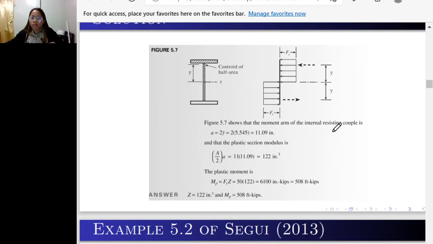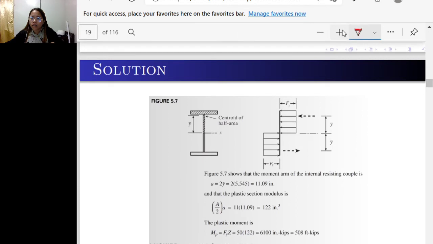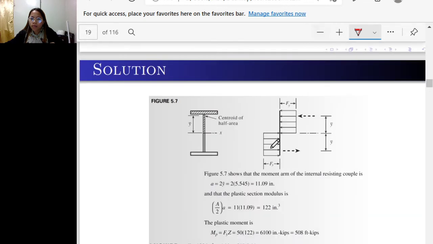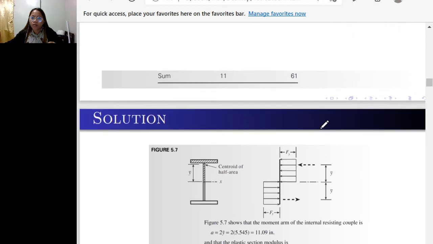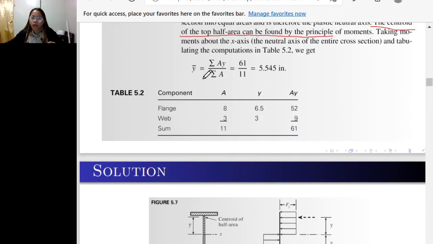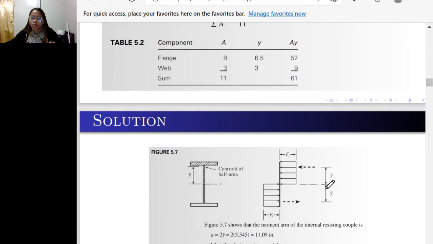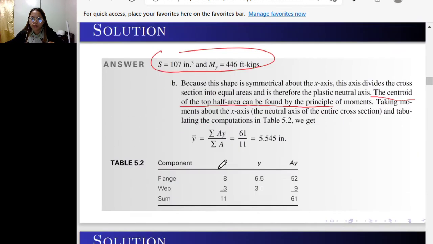So this figure. Okay. So you have the value of your y bar, which is the centroid of the upper half and also of the lower half, since they are the same because of symmetry.